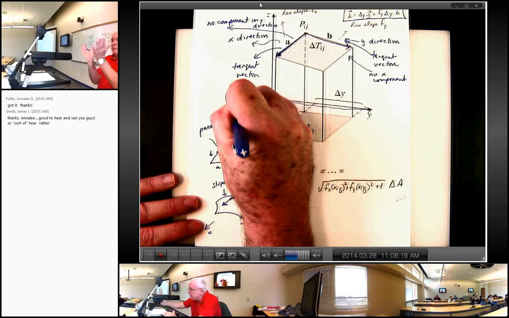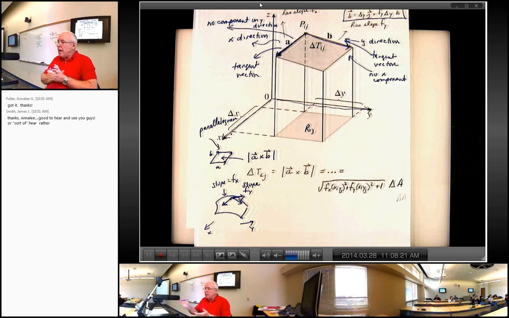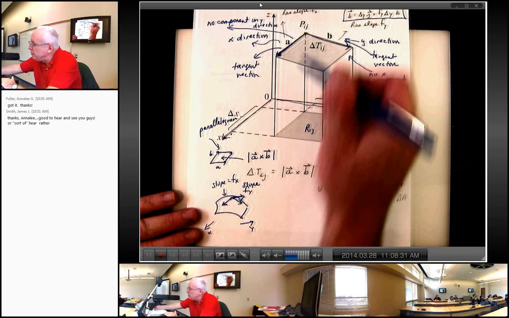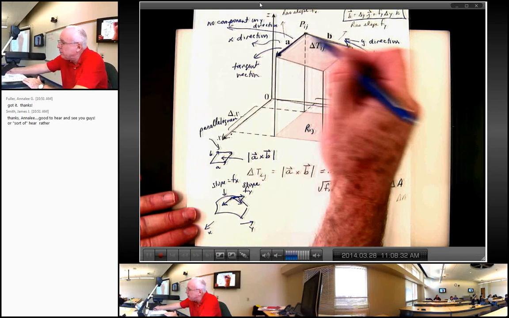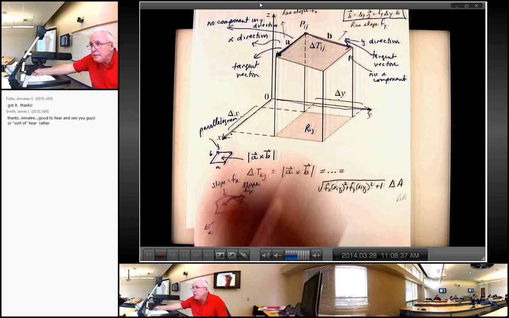Its area that's caught between those two vectors is equal to the magnitude of the cross product of A times B. So what I'm doing here is trying to figure out the area of that tangent plane segment.